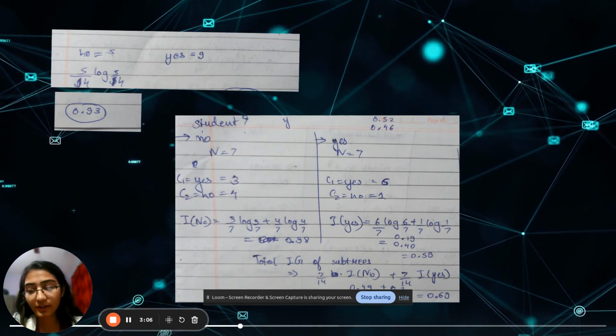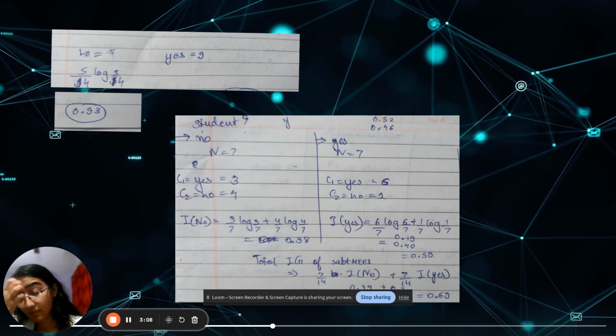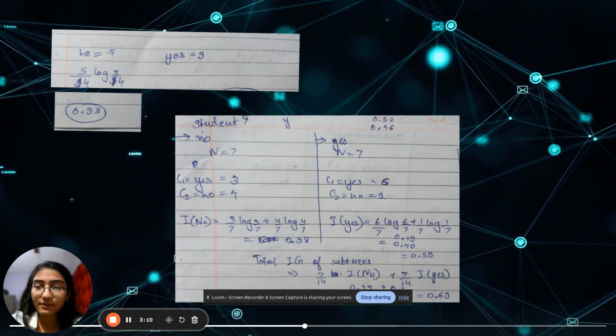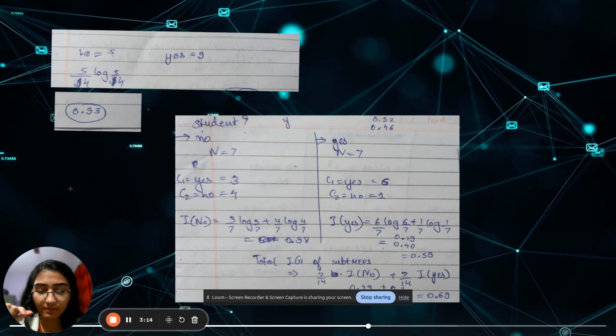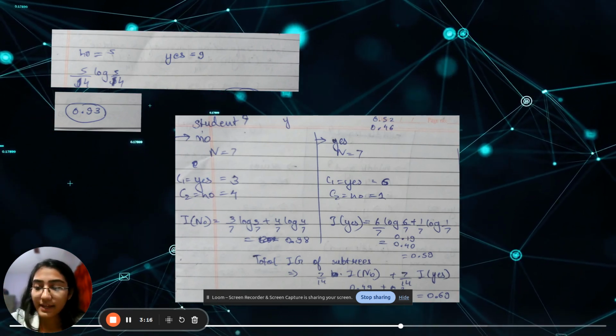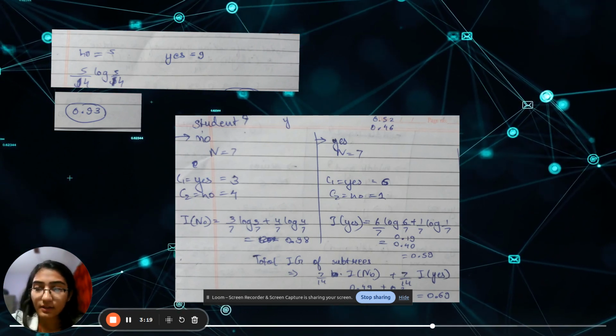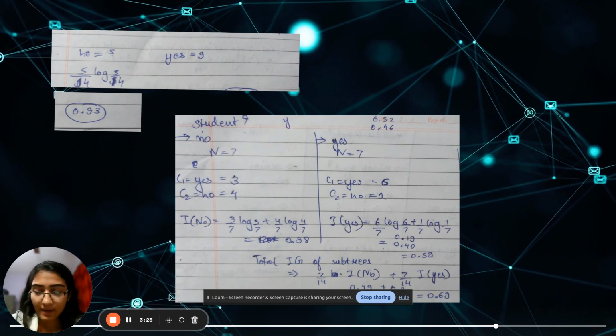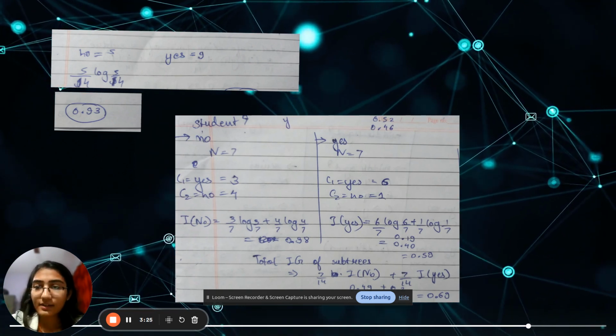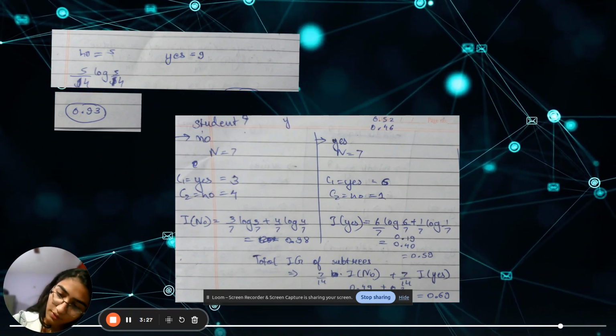So what is the formula for creating a decision tree using the ID3 algorithm? The information gain formula, if we are finding information gain for a particular attribute, is minus of pi log pi, and the base is 2, log base 2.